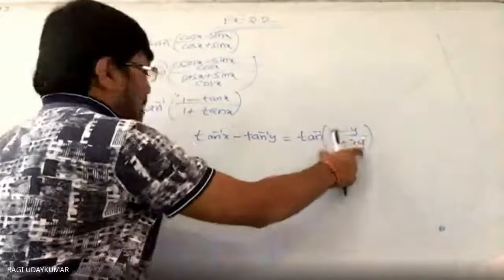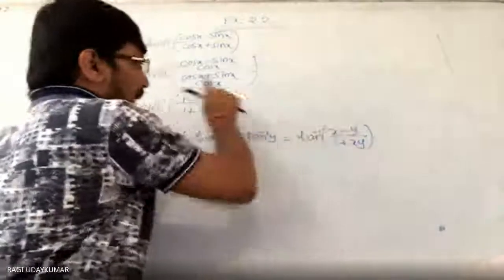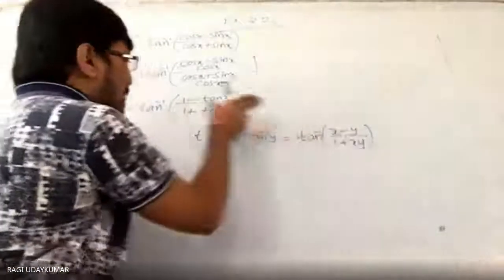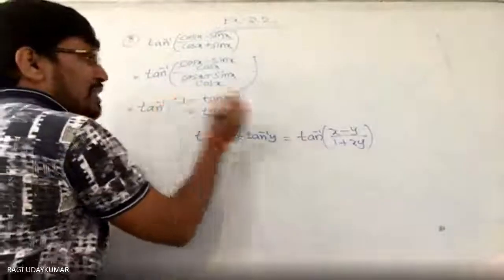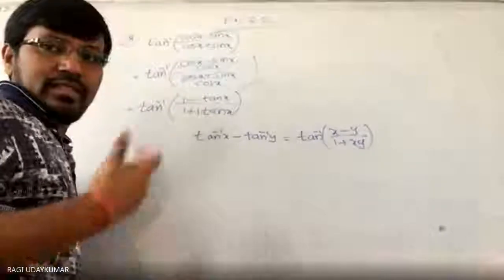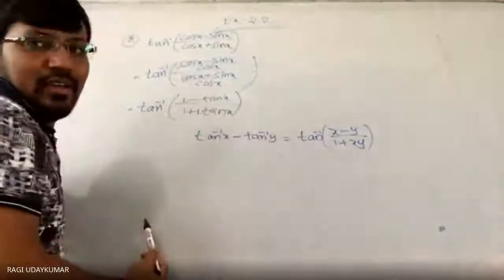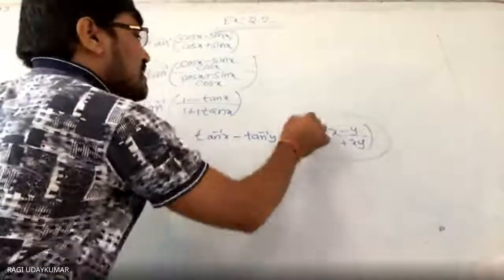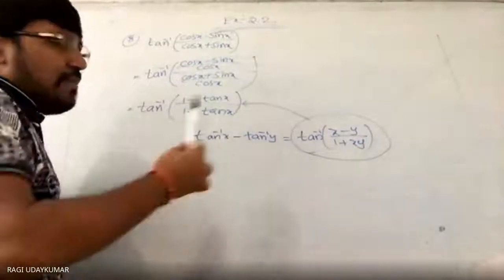Then it is similar to this one or not? Yes, sir. See here, in the place of x you are having 1, in the place of y you are having tan x.